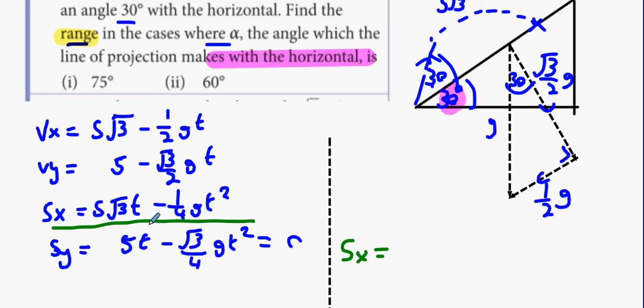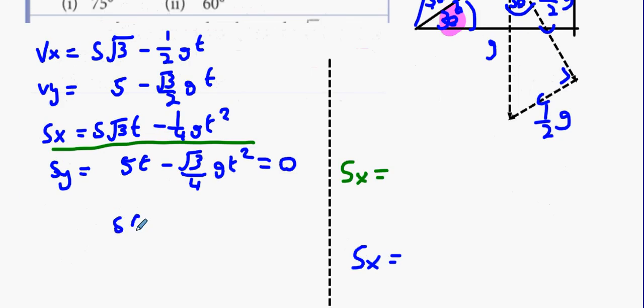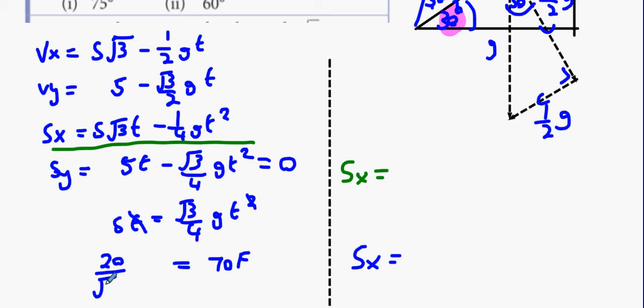Follow exactly the same routine you did last time, where you're going to find the time of flight where s y equals 0. You're then going to get 5t equals root 3 over 4 g t squared. T's cancel. You're going to get time of flight equals 20 over root 3g.